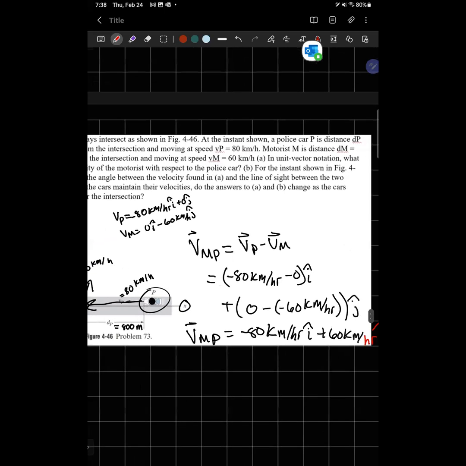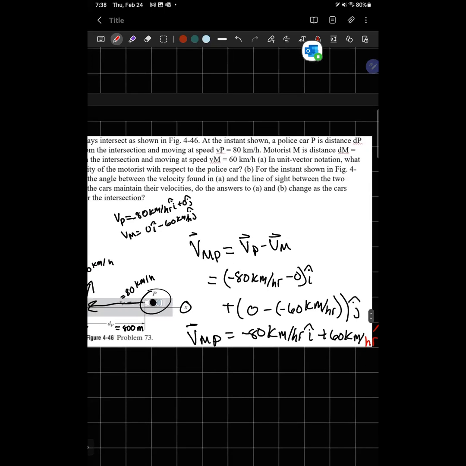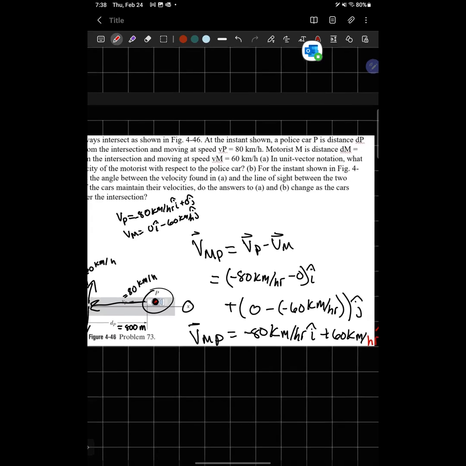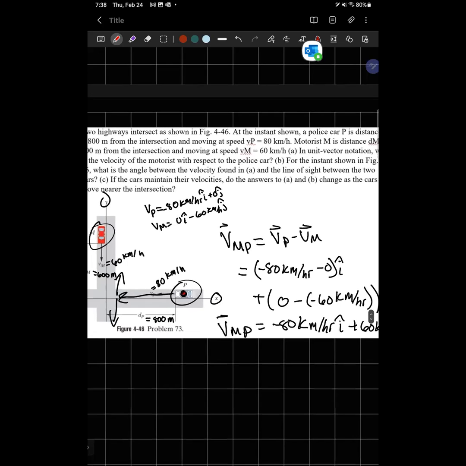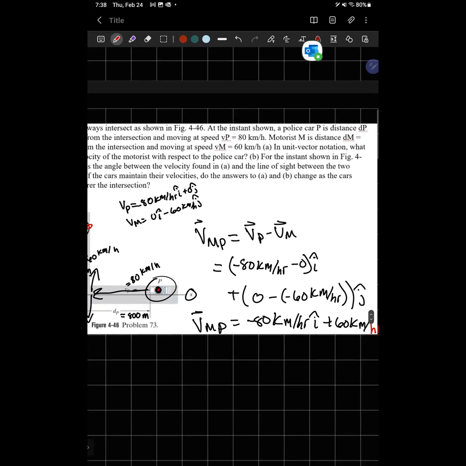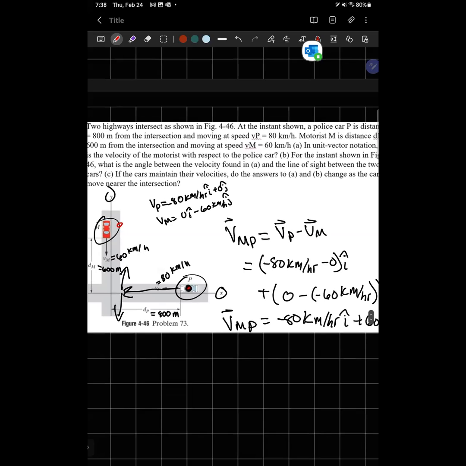So looking at that, if I'm at the police car, the motorist looks like he's going in the negative I hat and the positive J hat.